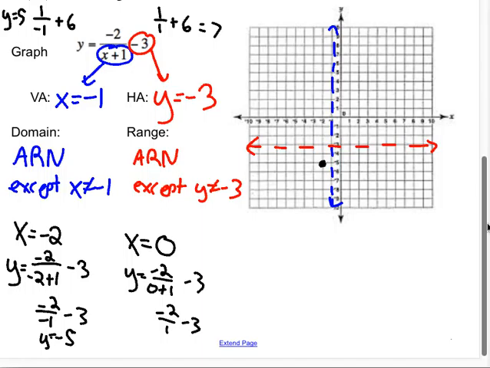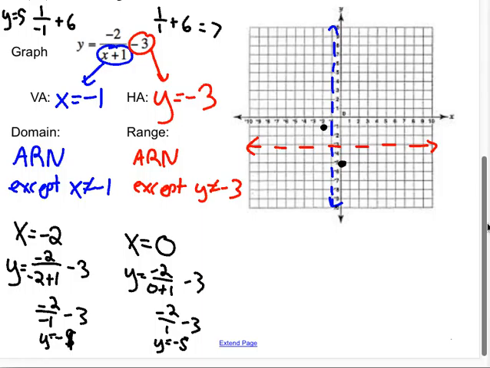Oh, I'm sorry, I did that wrong. That would be a positive 2 minus 3. That would be a minus 1. So my first point, negative 2, negative 1, is actually right there. This one, I get the negative 2 minus the 3, which is going to give me the negative 5. So 0, negative 5.